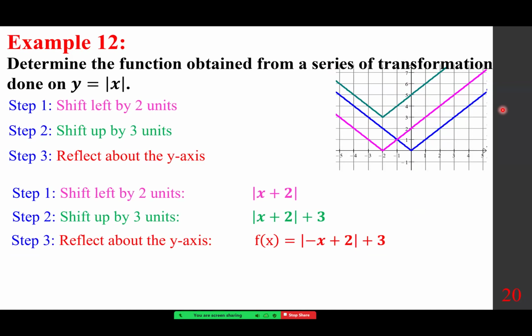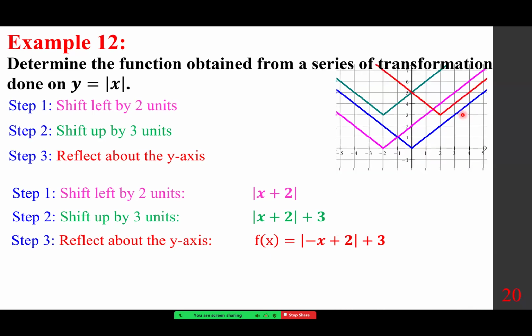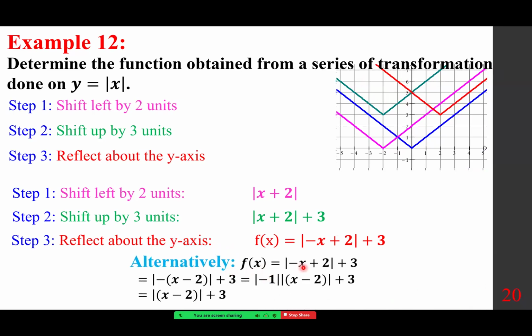And this one, which had coordinates negative 2, 3, now you take it to the coordinates 2, 3. So this one, the green one, and now the red one. Alternatively, f of x equals absolute value of minus x plus 2, plus 3.